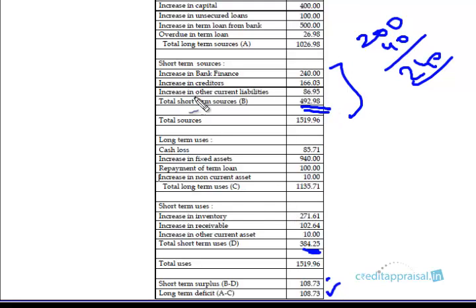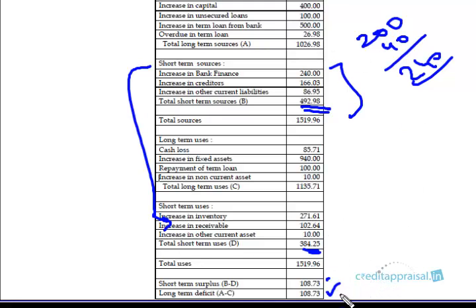Why is there a surplus on short-term sources? It means that the bank finance was not entirely used for the short-term uses like inventory and receivables and all. The creditors were not entirely used for short-term uses. The company had this surplus in the short-term sources, and it was diverted to long-term use. That long-term deficit was 108. So this surplus in short-term was diverted to long-term deficit.